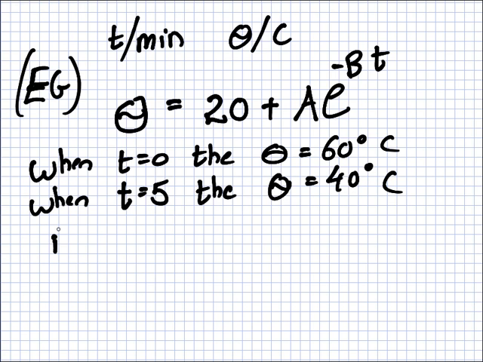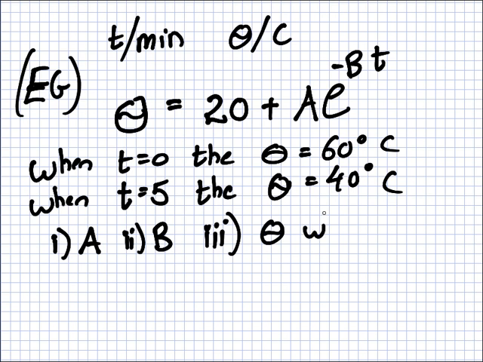The first part is normally to find A. Then the second part will be to find B. Then the third part is they might ask you for the temperature after 10 minutes. So they might say, find theta when T is 10.